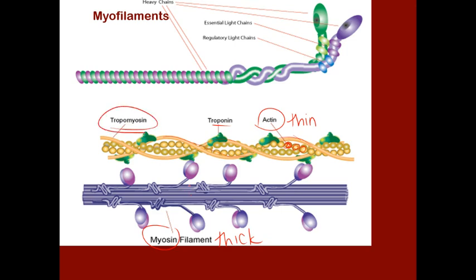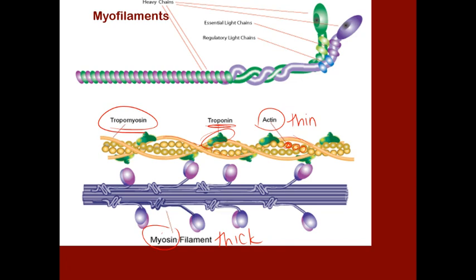Myosin itself is the big, thick, long threads that are all bound together. And then in addition to that, I have what they have in this diagram, these little green proteins spread out. That's called troponin. So the two interactions are going to occur between actin and myosin, but the troponin and the tropomyosin are really, really important because without them, you couldn't have the combined action of a contraction and then a relaxation of that.